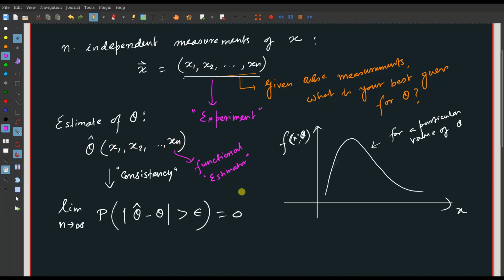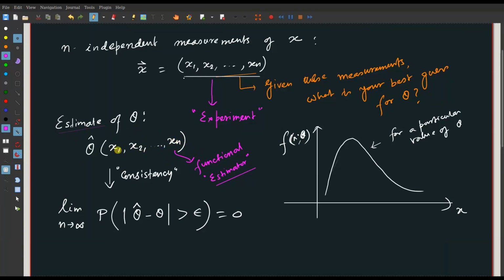I want these two terms distinctly visible so that you do not confuse them. I will be using the same symbols for estimator and estimate, as is usually done in the statistics literature. The only difference is that by estimator I mean the functional form in terms of x1, x2, up to xn without appealing to particular measured values.